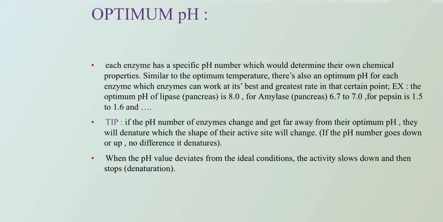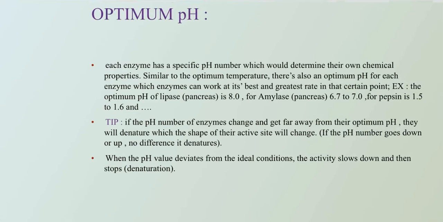But there is a difference here: if the pH goes down or up, it rises or decreases, no difference, it denatures. This is exactly different from the concept of the optimum temperature, in which case, only when the temperature rises above that enzyme's optimum temperature, it denatures.